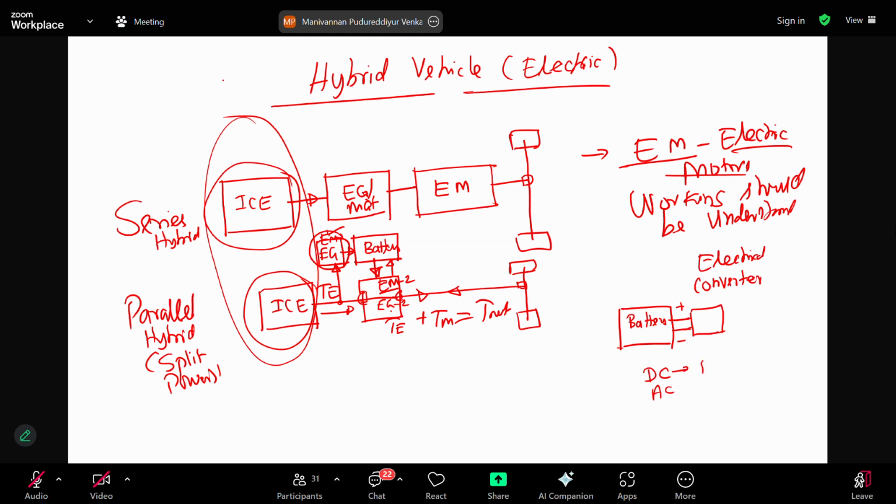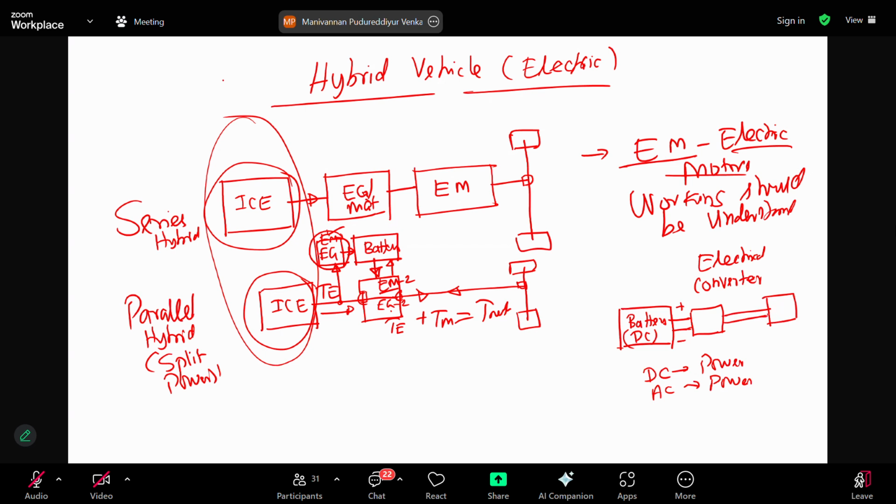We call one DC power, and the other one is called AC power. The battery is a DC power source. That means it provides constant voltage with respect to time, as long as energy is not depleted. That can be directly given to a DC motor, an electric motor.